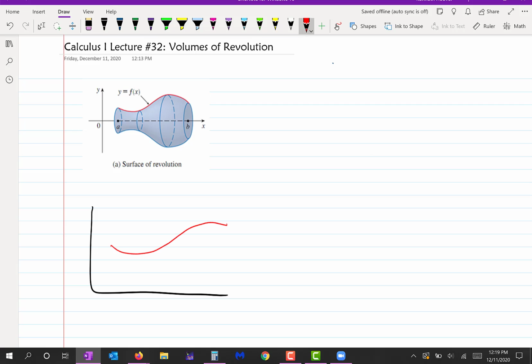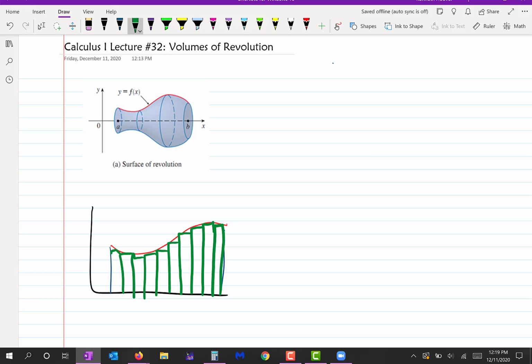And we said if you wanted to find the area under a curve, the trick was to stack a whole bunch of rectangles inside, right? And then shrink the width of the rectangles down to 0. And then add up their areas, right?